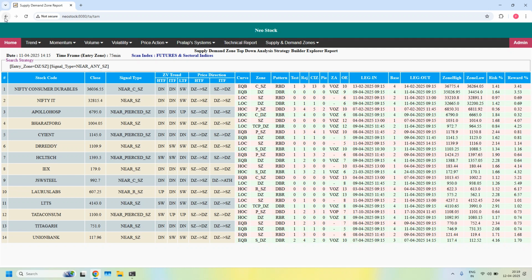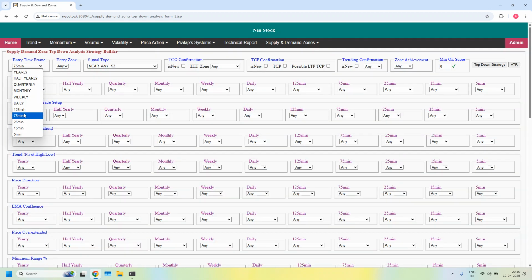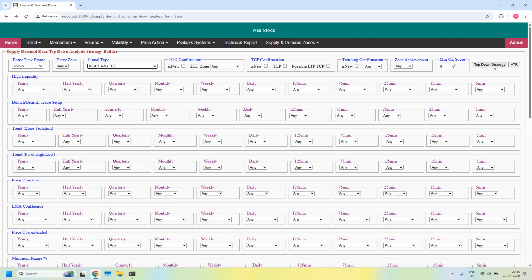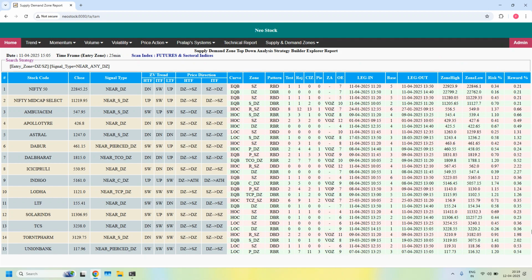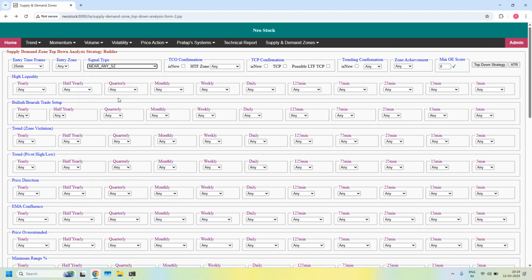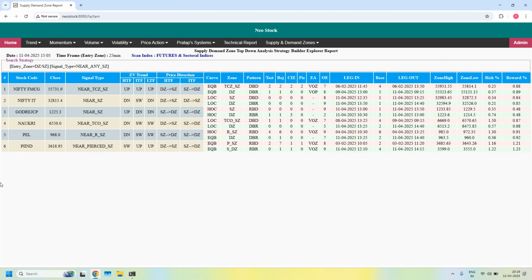Okay, next time frame is 25 minutes. Stocks near 25 minutes demand zone. We got 15 stocks. Next, stocks near 25 minutes supply zone. We got 6 stocks.